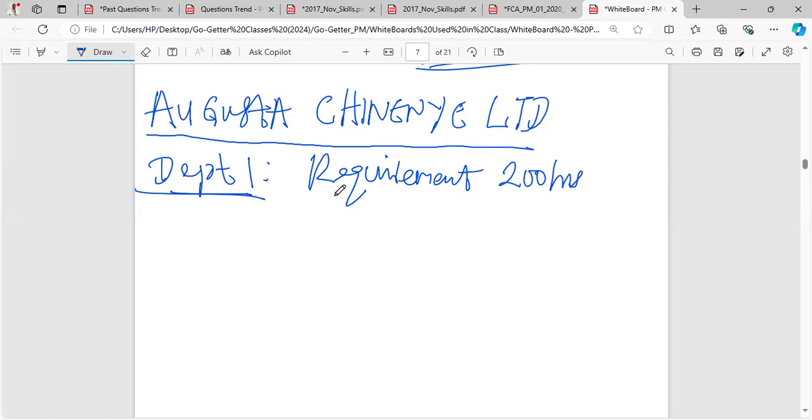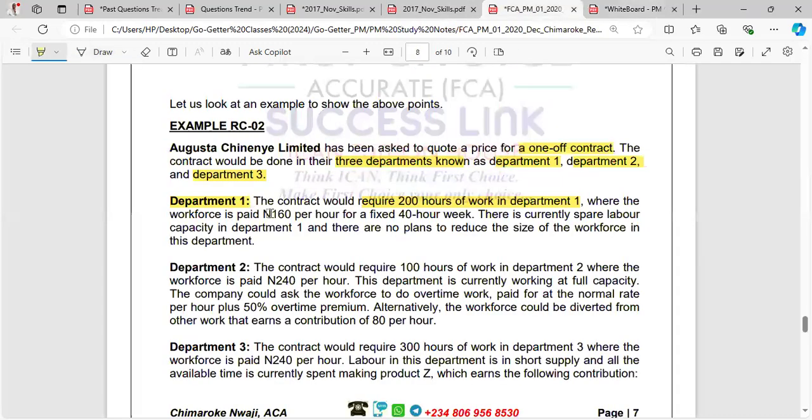The first question we'll be asking is, are the available workers permanent in nature? Now they said the workforce is paid 160 naira per hour for a fixed 40-hour week.